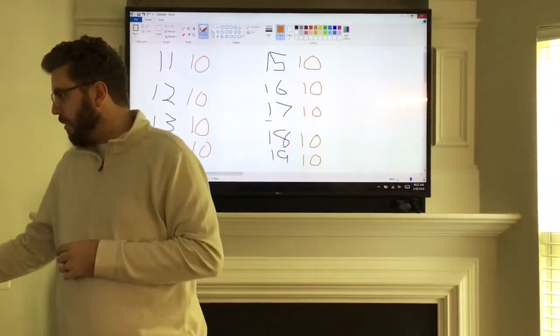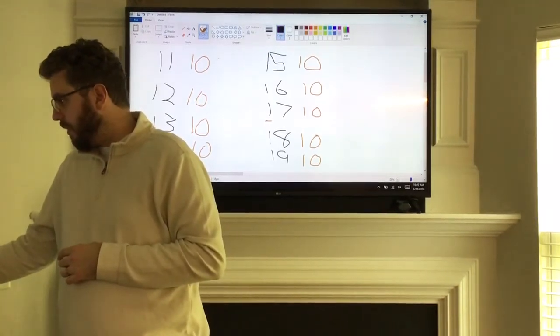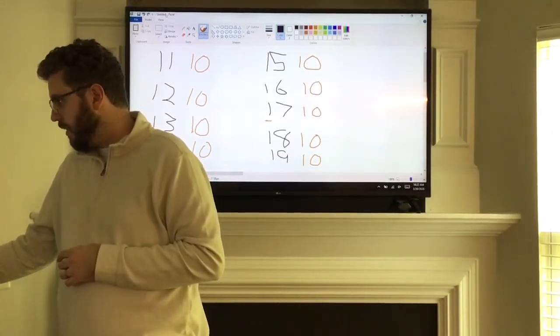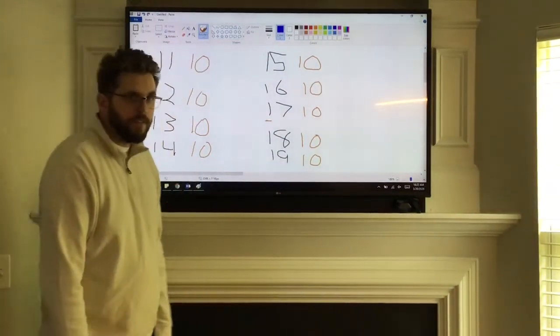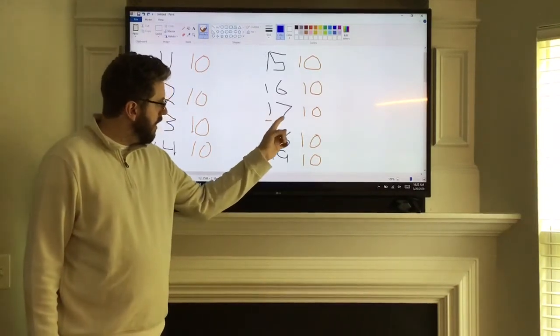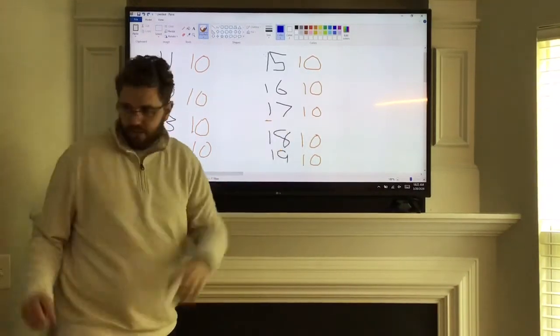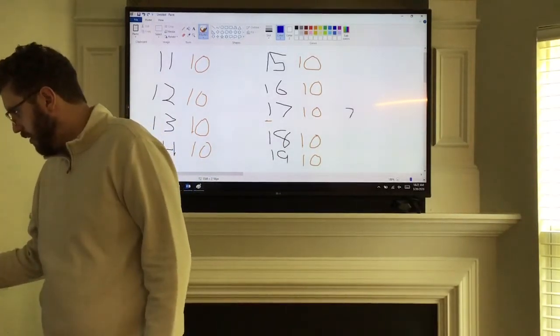Now, our other part is always, always, always going to be whatever's in our 1 spot. So for example, here, we have our 10, and our 1's going to be our 7. So that's going to be our second part.